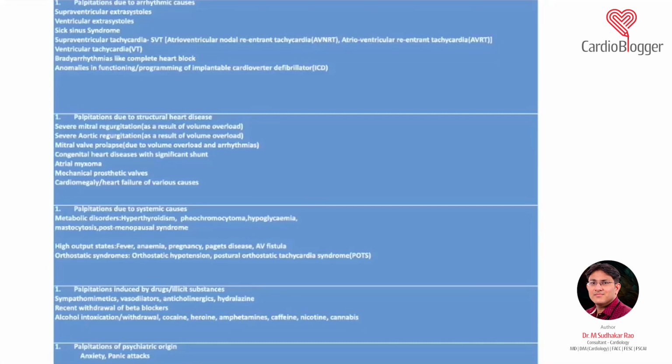I told you before, if the patient is on a beta blocker and you suddenly withdraw the beta blocker, the patient may get arrhythmias like atrial fibrillation, and may have palpitation. Both the intake of alcohol and the withdrawal of alcohol can cause palpitation, and so can cocaine, heroin, and other drugs. So there's various drug history.